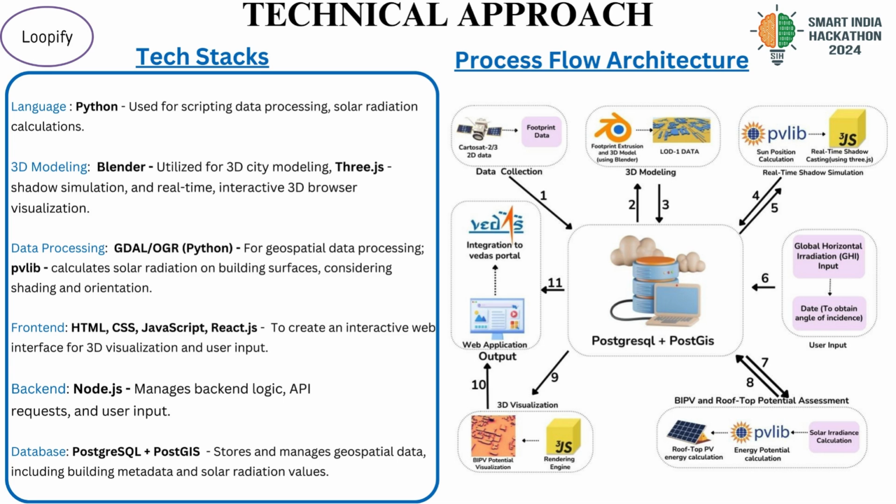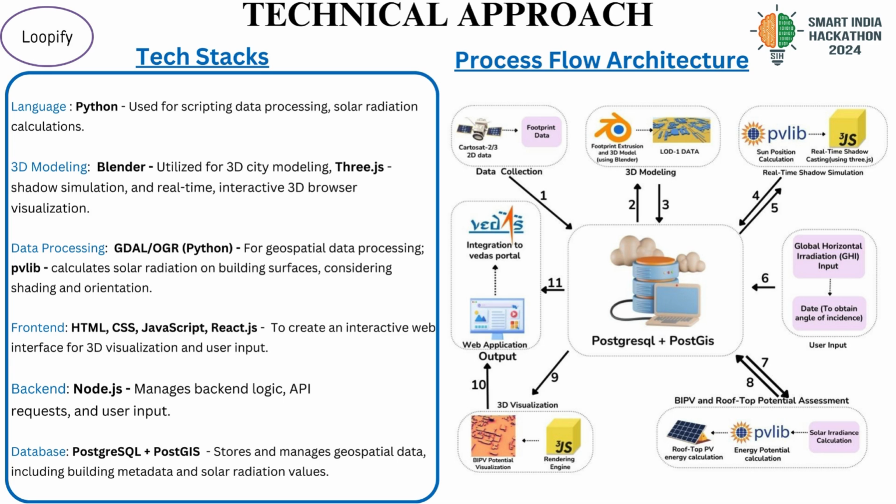Now, some tech stacks or the technologies we are employing for our solution are: for language, we are using Python, which is used for scripting, data processing, and solar radiation calculations. For 3D modeling, we are utilizing Blender. It's a tool used for 3D city modeling. Also, we are using Three.js, which is a library offered by JavaScript, used for shadow simulation and real-time interactive 3D browser visualization.